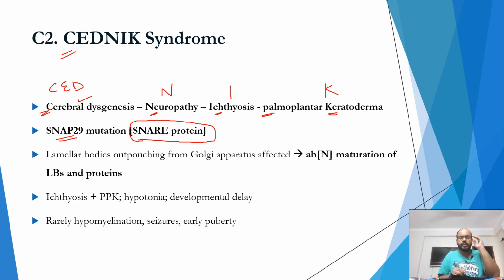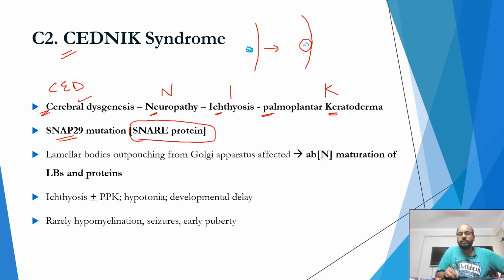Now, SNARE protein, if you have read a bit about Botox, you will understand what the SNARE protein is. It is just a protein required for proper vesiculation or proper outpouching. For example, if you have a membrane and there is material inside the membrane that we need outside, SNARE proteins help in formation of vesicles.